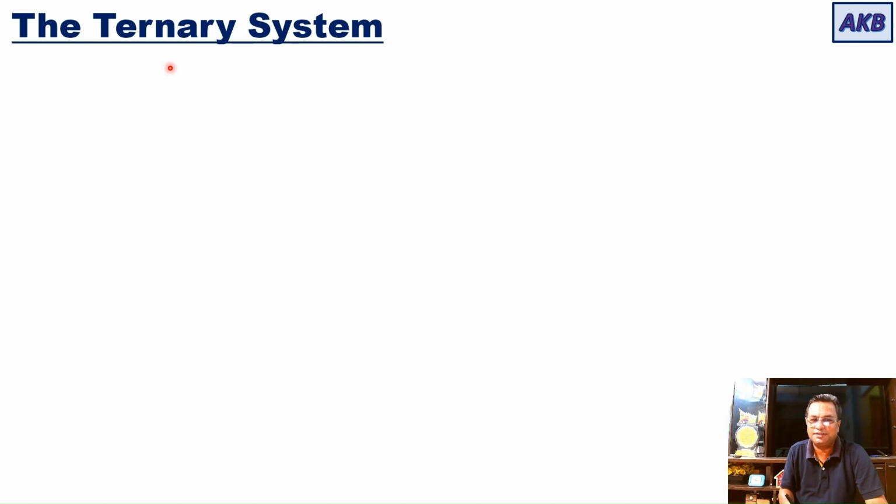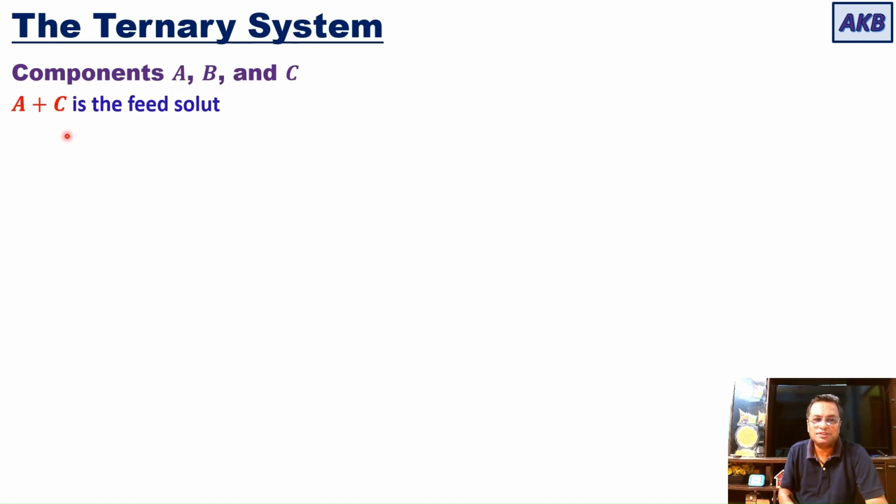is a ternary system. So there are three components. I'm going to denote those components by A, B and C. In this case, A plus C forms the feed solution, the solution from which C is to be recovered by liquid extraction, and B is the extracting solvent, the solvent used to extract C from this feed solution.